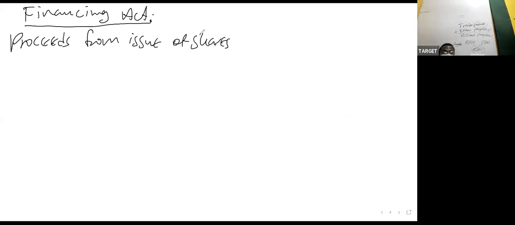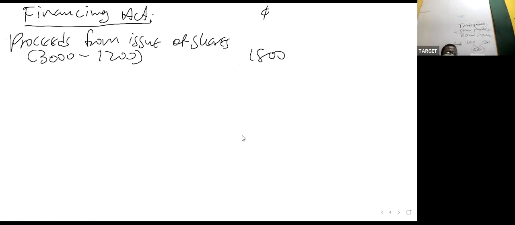If you don't want trouble, just write issue of shares and go away. You do your computation: 3,000 minus 1,002, and that'll give us 1,800. Agreed.